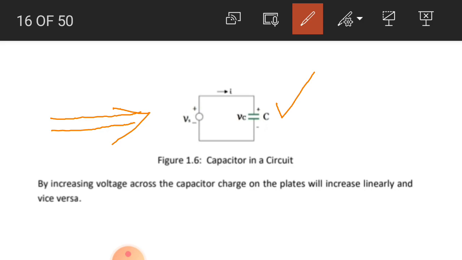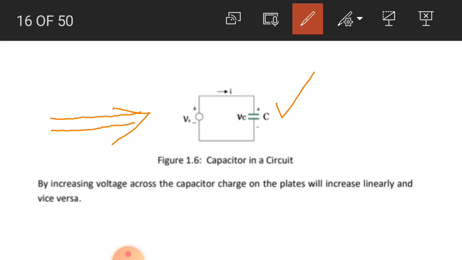So there will be a current in this capacitor. This current will be known as instantaneous current. Why? Because the magnitude of this current will change with respect to time, and you can find the value of this current at any instant.